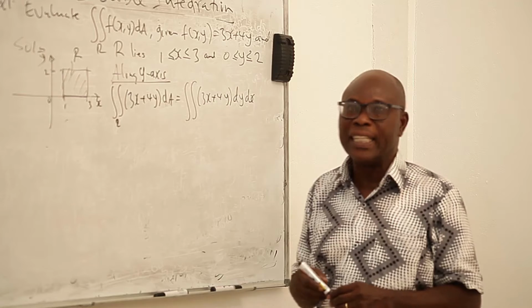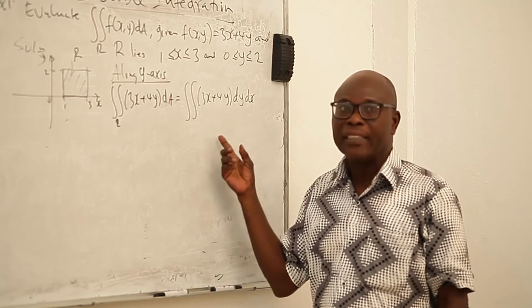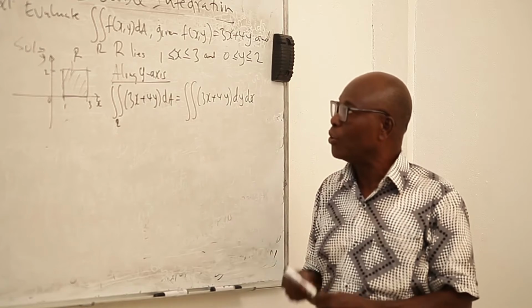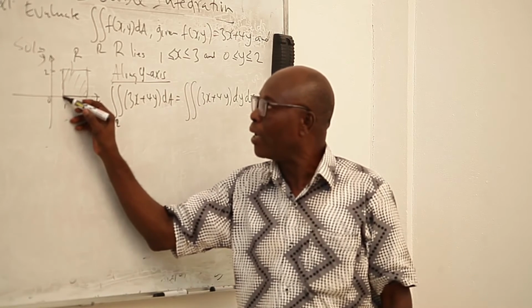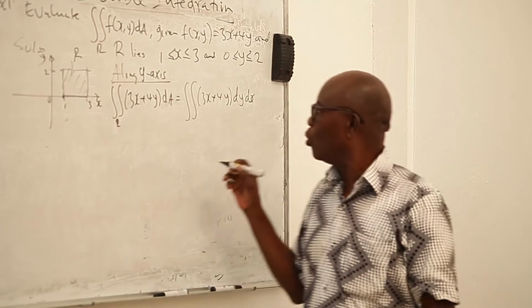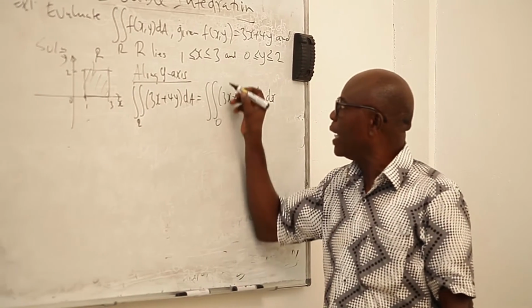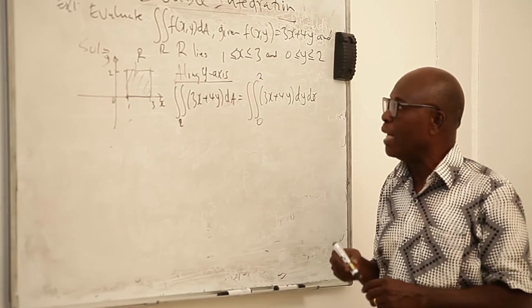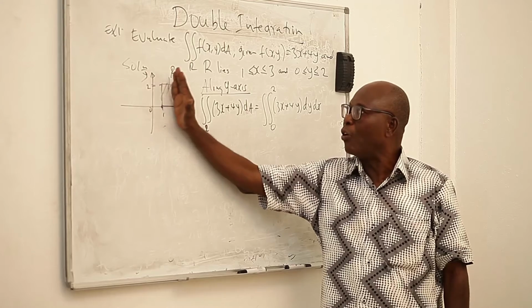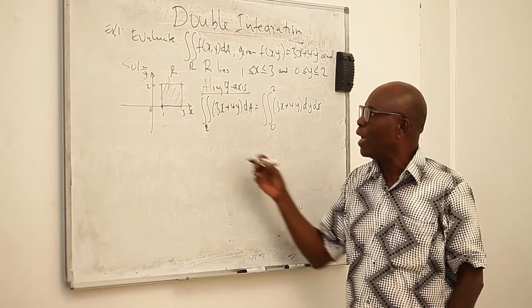So in formulating the iterated integral, we are moving along the y first. And so y starts from 0 and then ends at 2. So the lower limit is 0 and the upper limit is 2. And then when we finish, we'll move the whole strip along the x-axis.